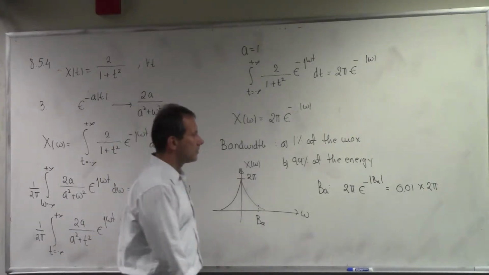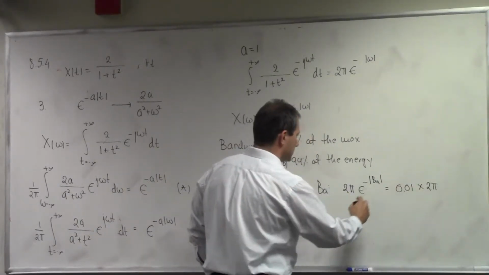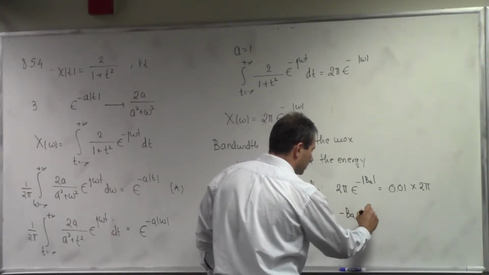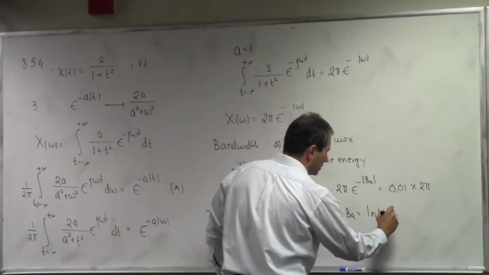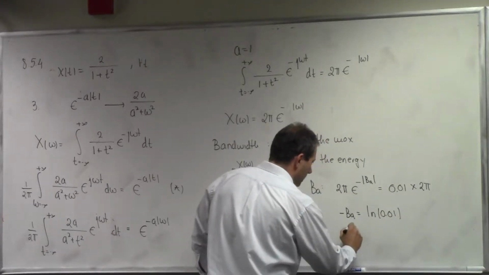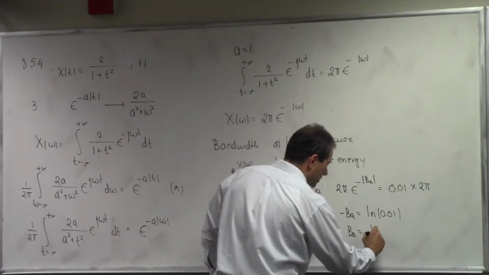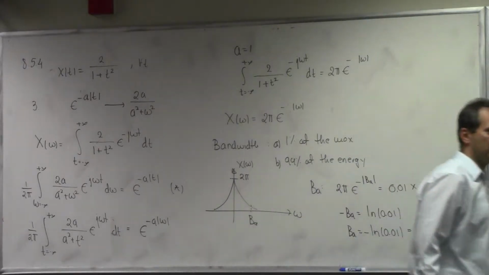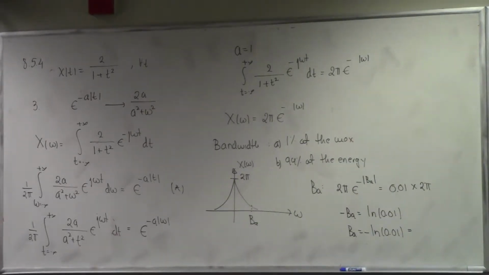From here, I can cancel this, and I get minus B_A is equal to ln 0.01, or B_A is equal to minus ln of 0.01, which is easily calculated with a calculator.